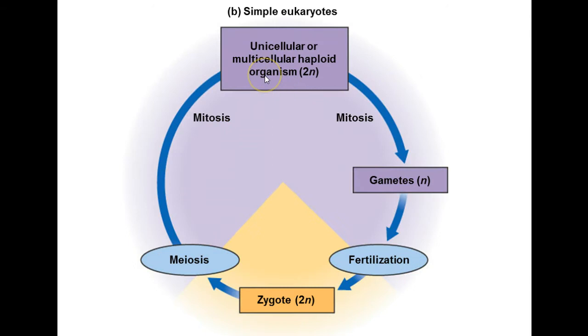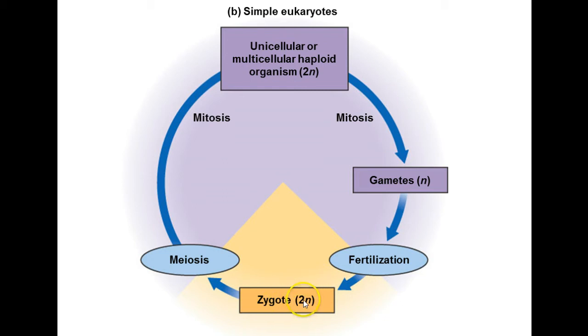Okay, here's our simple eukaryotes. This would be some of the fungi, some of the algae. And what will happen here is that through fertilization, we're going to get union of these haploid gametes, and we get this single zygotic cell that is diploid. That cell does not divide by mitosis like it does in an animal.